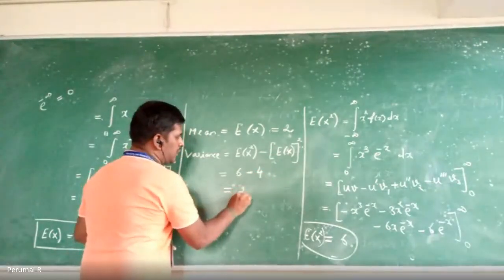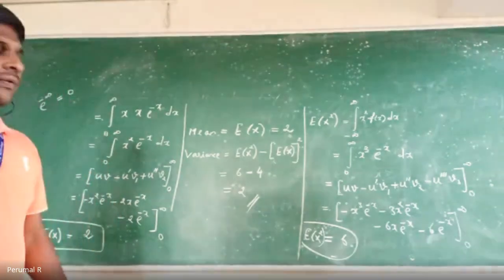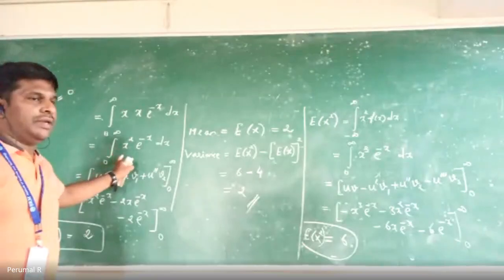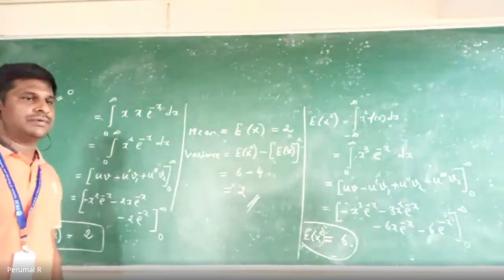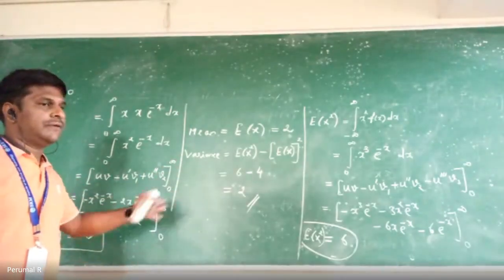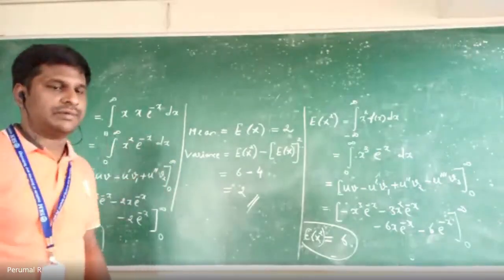So 6 minus 4, you get 2. Okay, so this is the way for getting mean and variance of the given random variable. This is the continuous case, that's why we can apply this formula. If you have the discrete one, you can apply the corresponding discrete formula.